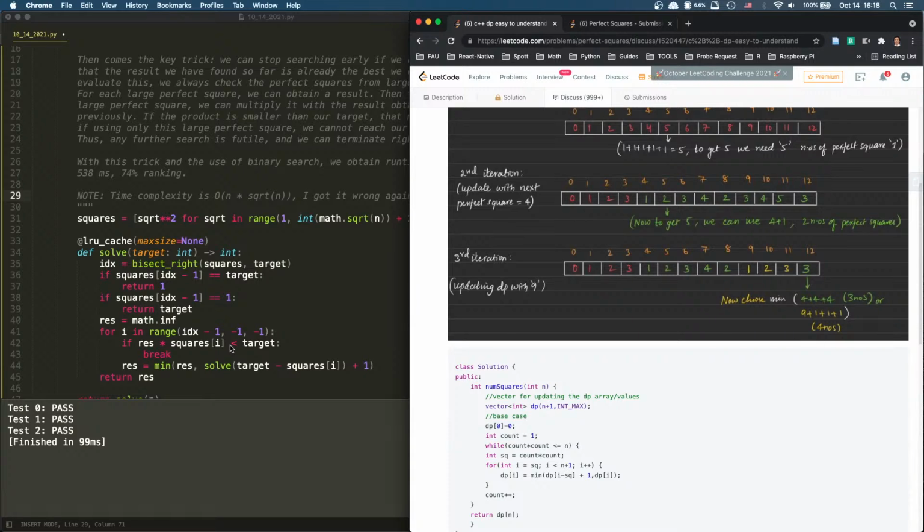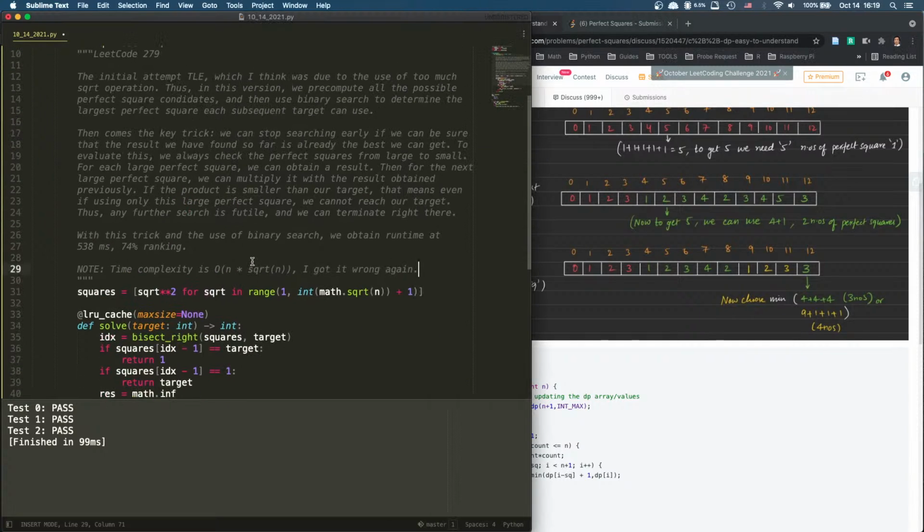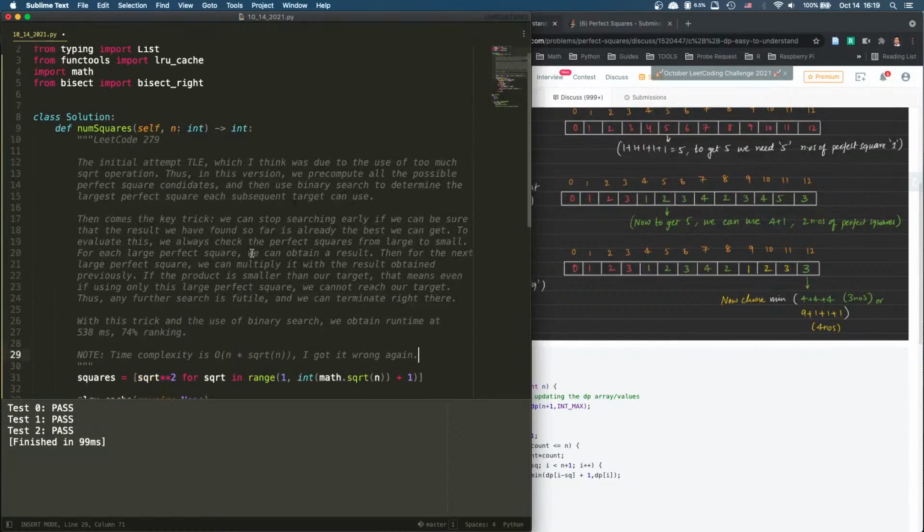So at least we need to take two of the small perfect squares to equal a bigger perfect square. And then we're wasting, which means I think here we can do better. So it's the same idea but greedy.